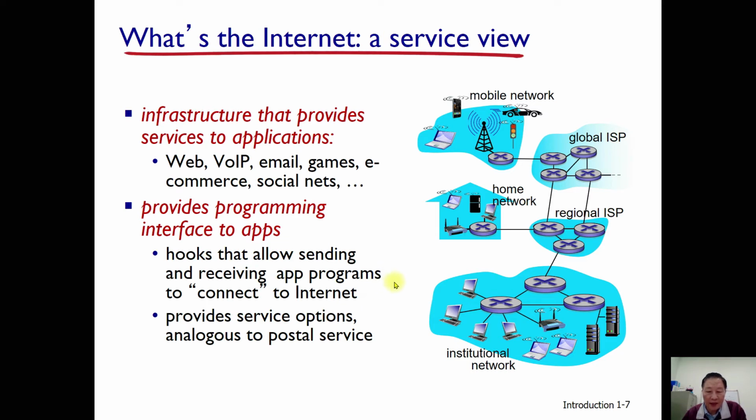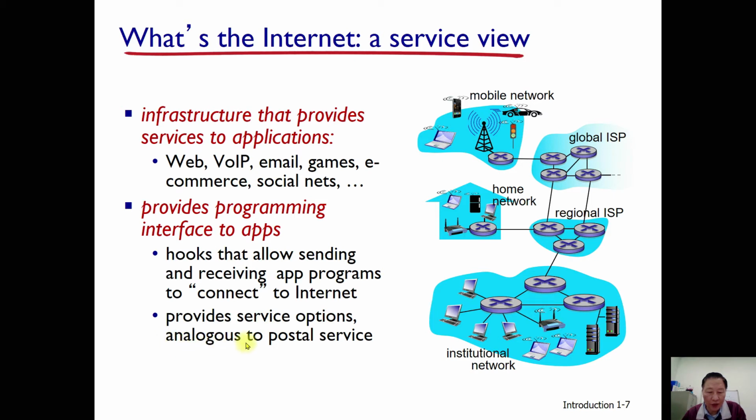Networking software, depending upon the protocol, the internet application program interface, API. We learn about this program interface, for example, socket programming API, later, briefly. And it provides service options.